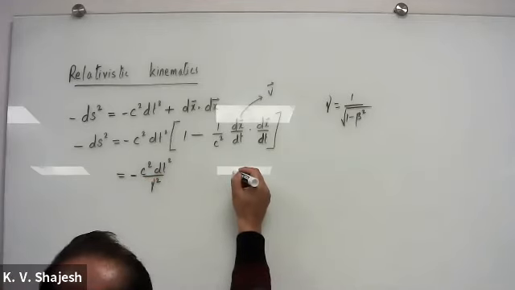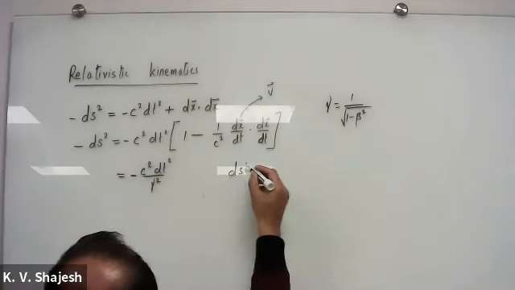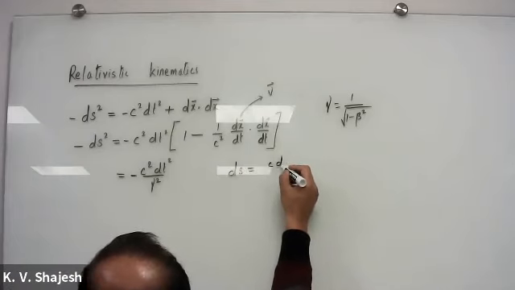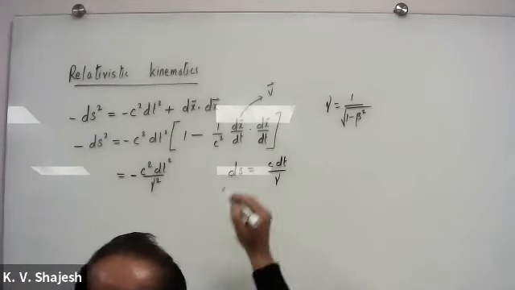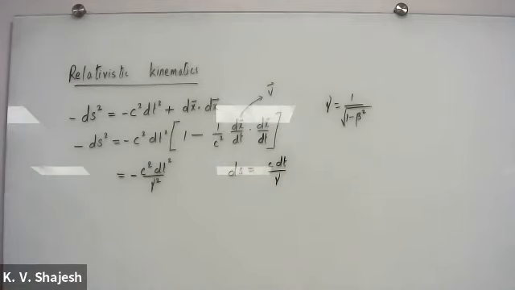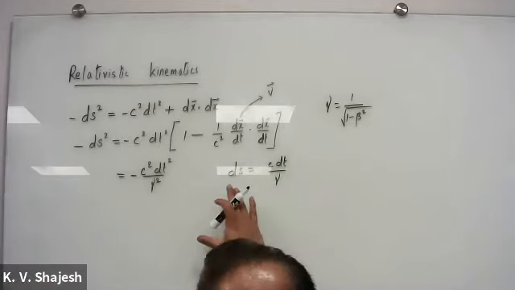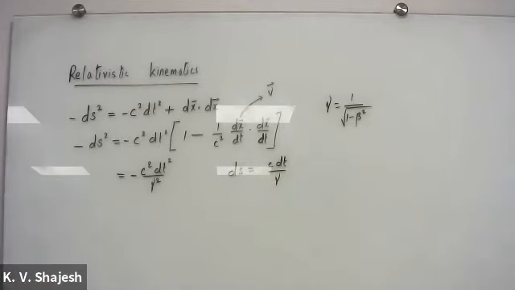So this gives ds equals c dt over gamma. Okay. So the idea is that instead of time, it's often convenient to think in terms of infinitesimal distance, which is actually invariant with respect to frames. You can go to any frame.